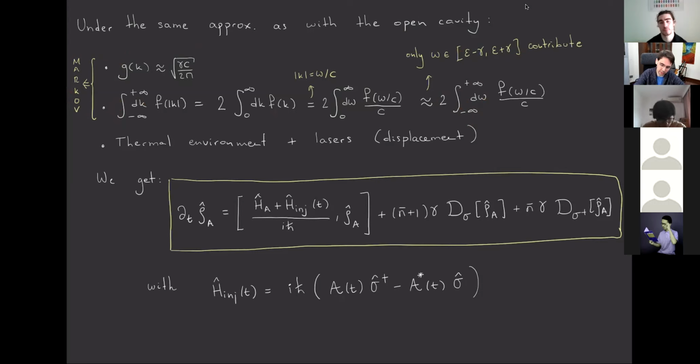And then finally, assuming that the environment is in a thermal state, possibly with some lasers that we add, and using the Born-Markov approximation, the Born approximation being the absence of back action from the system, from the atom to the big environment, we find a master equation that looks very similar to the one that we saw for the cavity.